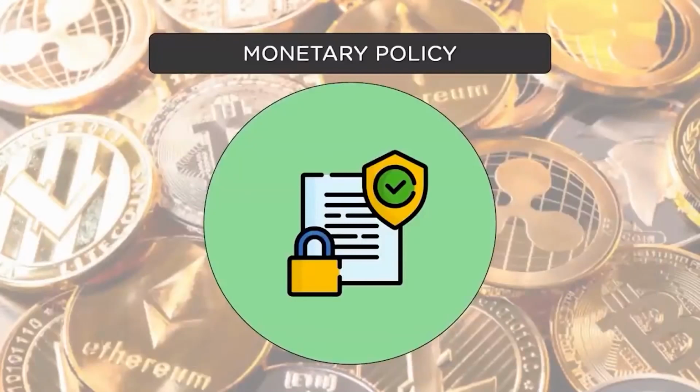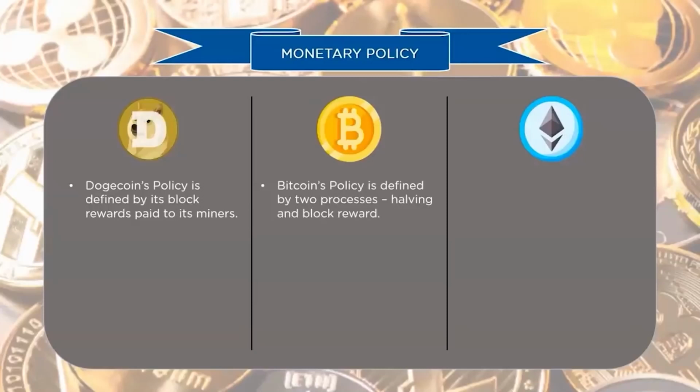Dogecoin's policy is defined by its block reward paid to its miners, whereas Bitcoin's policy is defined by two processes, halving and block reward. Halving event is when the reward of mining Bitcoin is cut in half, and it also cuts the inflation rate. And the block reward is the number of Bitcoins you get if you successfully mine a blockchain block.